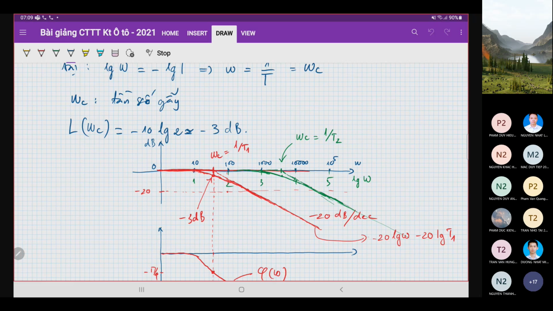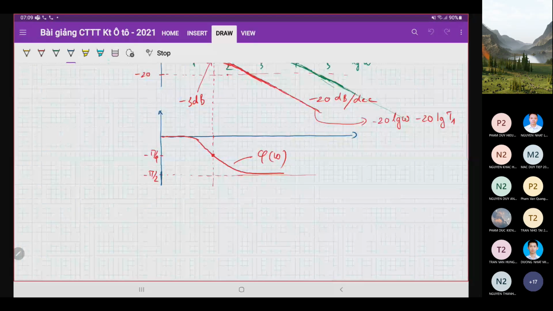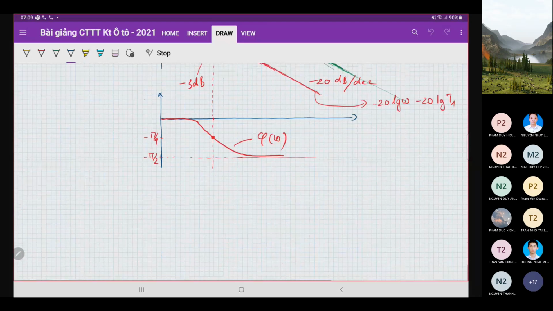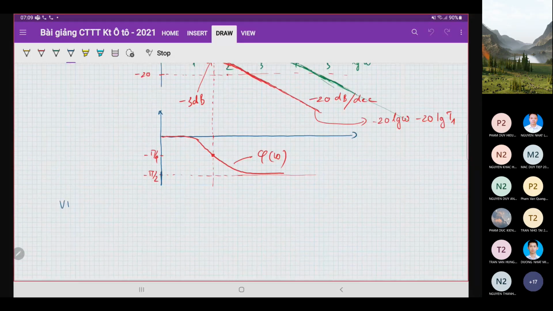And I will try to form one more example here. Okay, for example, we have G(s) equal to 1 over (1 plus T1 s)(1 plus T2 s), right?